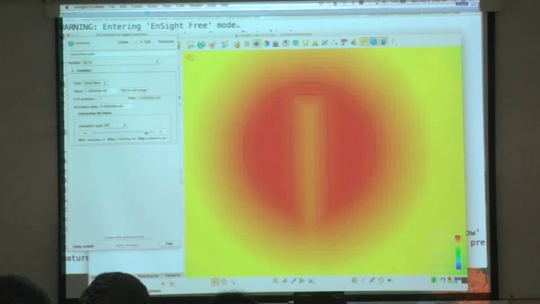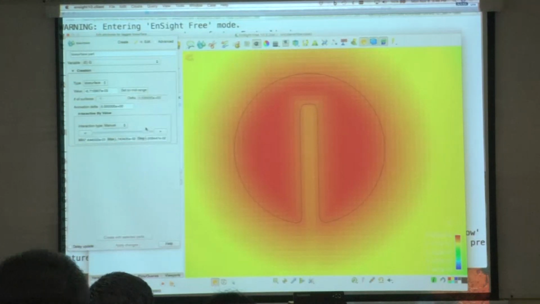I can traverse all my isosurfaces, and they're all going to be tracked along with the zero one. But again, because of our initial conditions, the only one that has meaning is the one at zero. That also means that nothing tells us we should put our isosurface at zero. We could put it at a different value if we wanted. That would be fine. So let me go back to a zero value here.